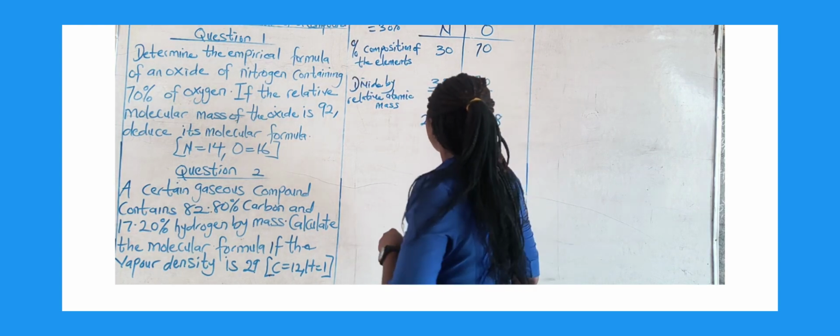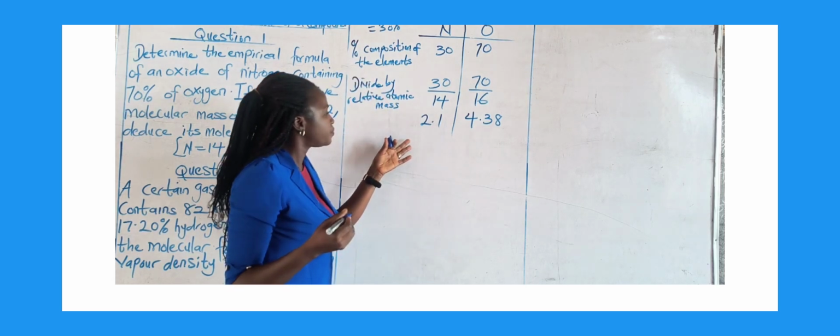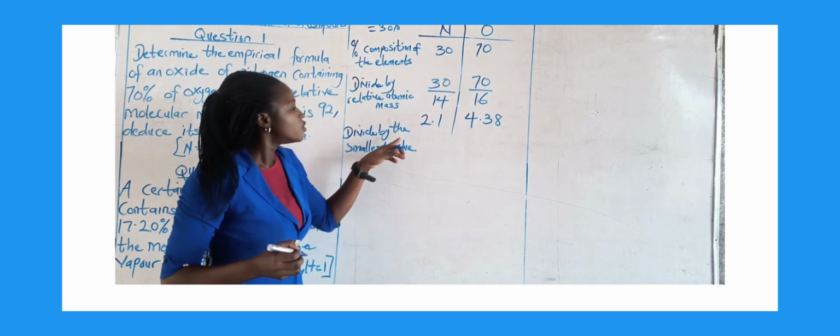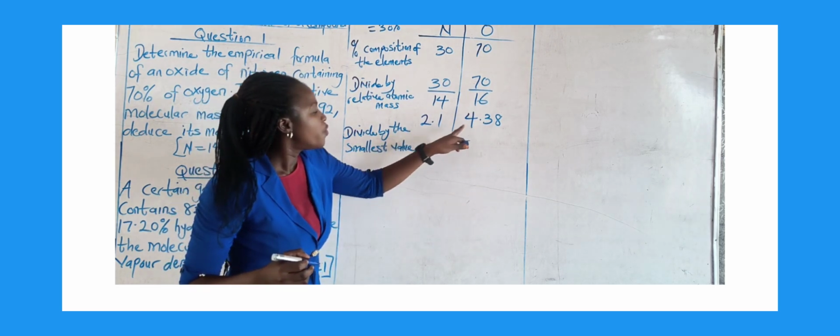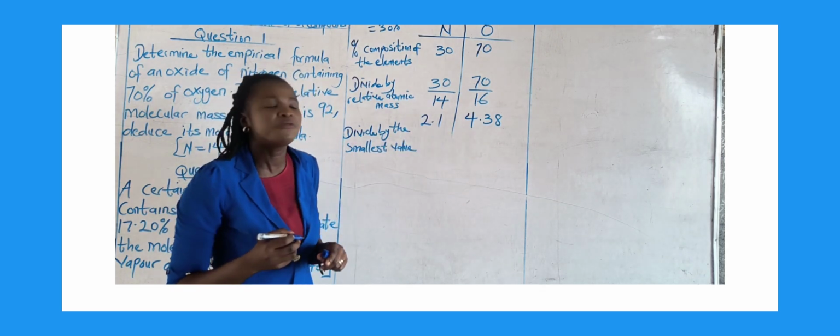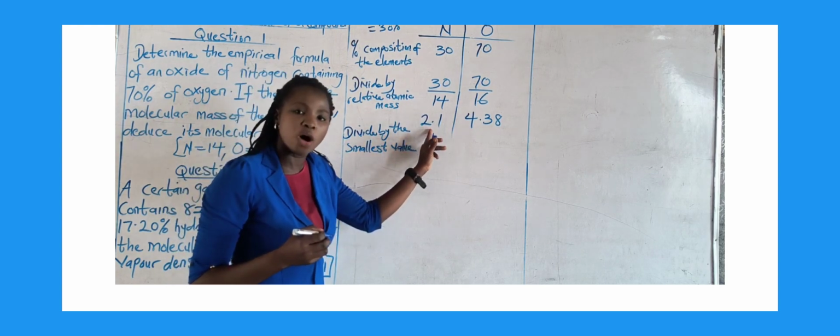Yes. Now, very simple. Having done that, what do we need to do again? We now need to divide by the smallest value. Divide by the smallest value. So out of the two ratios that we have here, which one is the smallest value? 2.1, right?